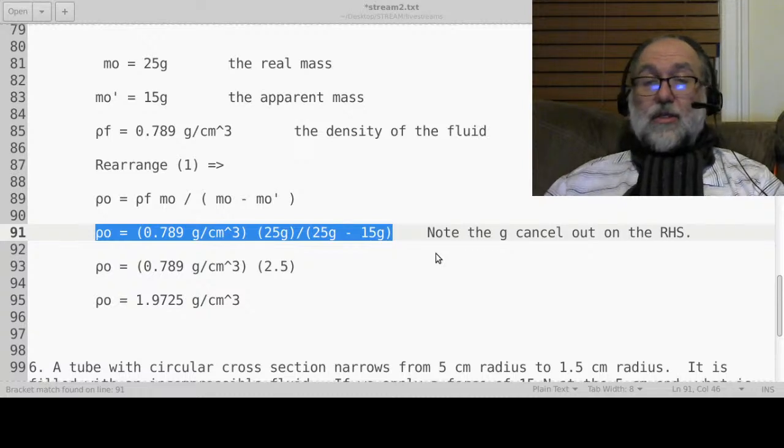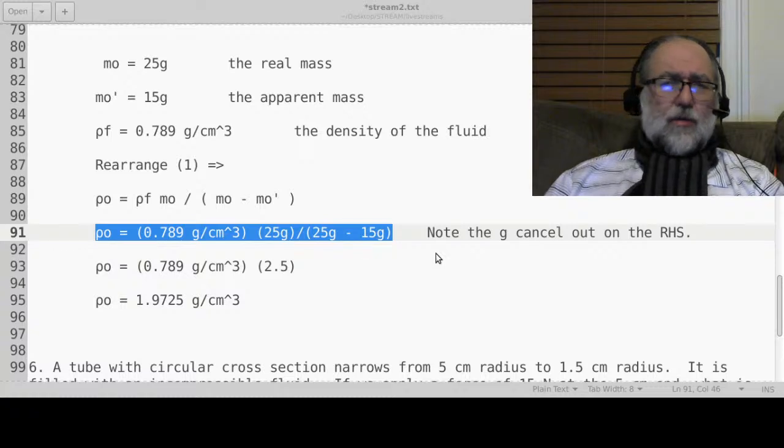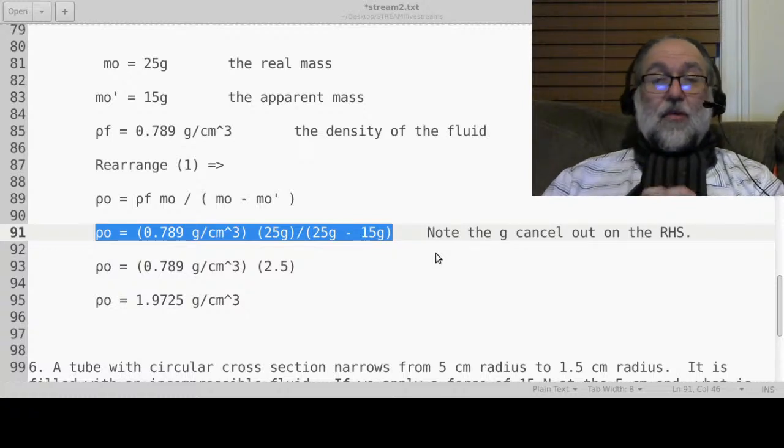Now you'll notice something. I didn't convert to MKS before I substituted in. Generally speaking, it's always safest to convert to MKS, substitute in, and then you'll get the answer out in MKS. But I didn't here. If you don't, you can keep the units, and of course you'll get the right answer providing you crunch the units through.